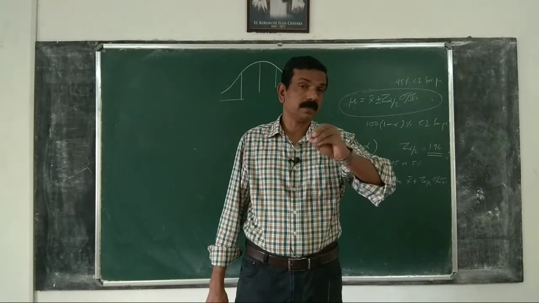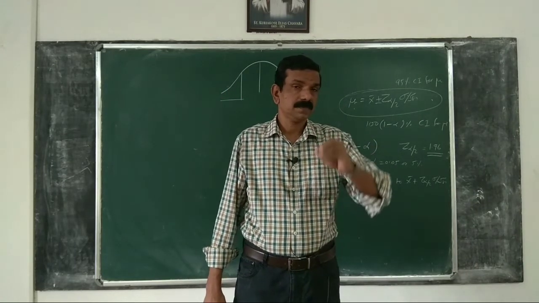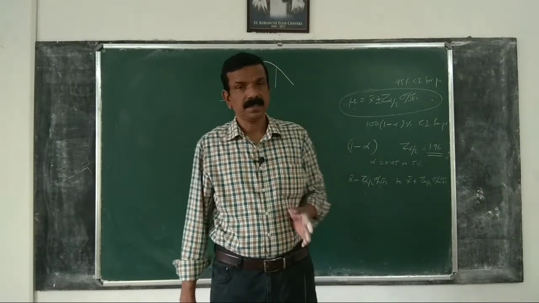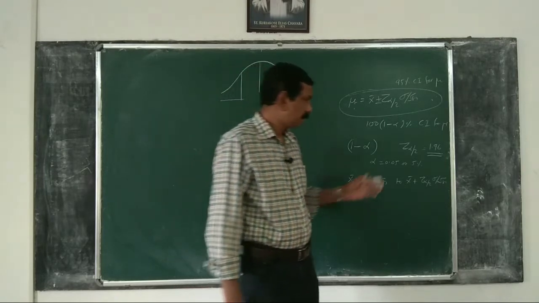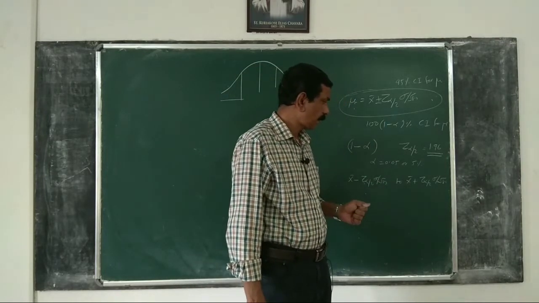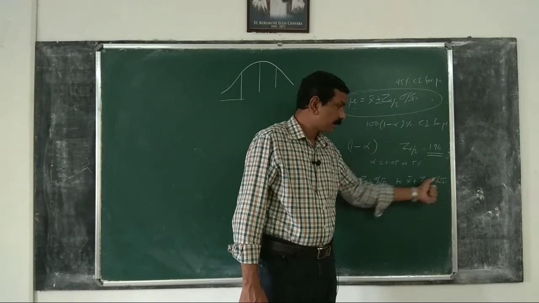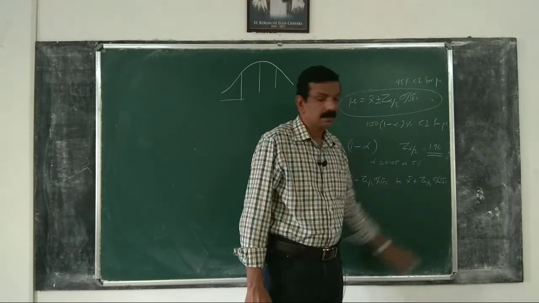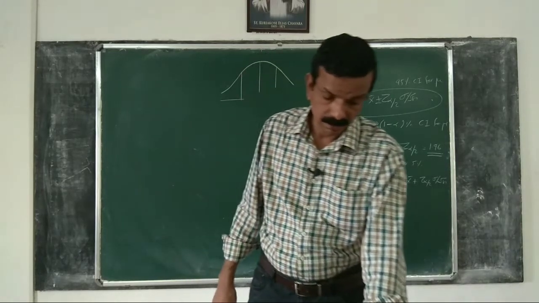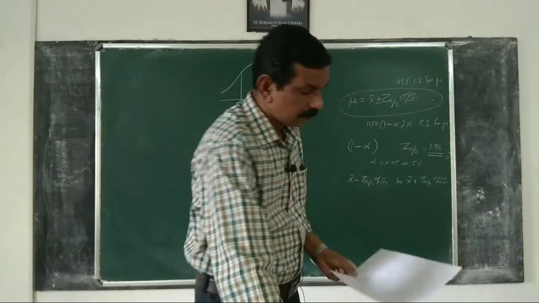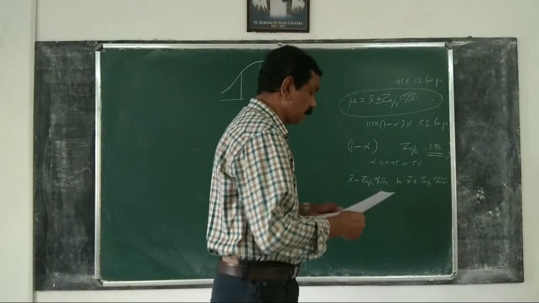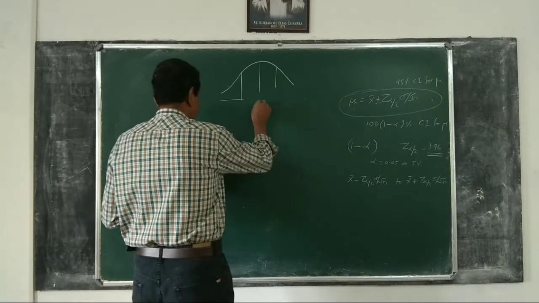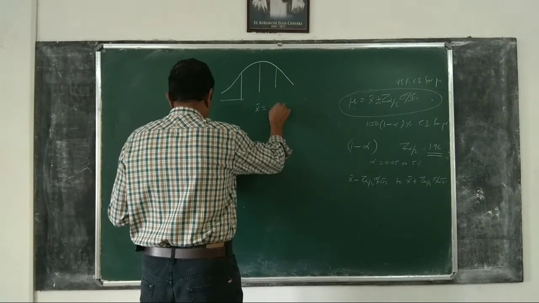So, construction of a confidence interval, if sigma is known, is very simple. You have an estimate, x bar, and it is assumed that sigma is known. In the example we considered earlier, x bar was 41.4.